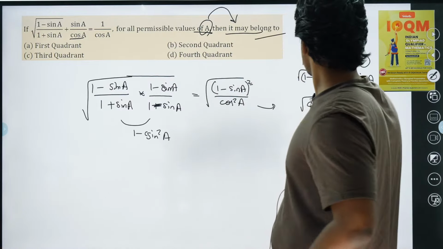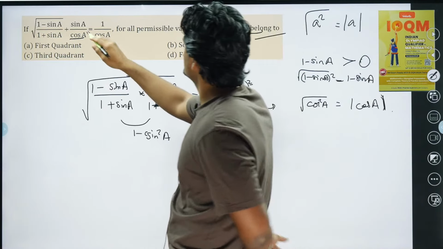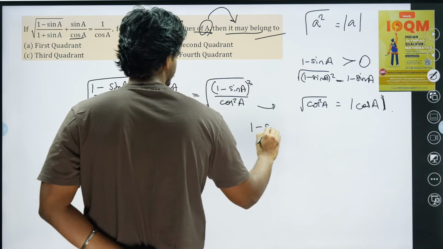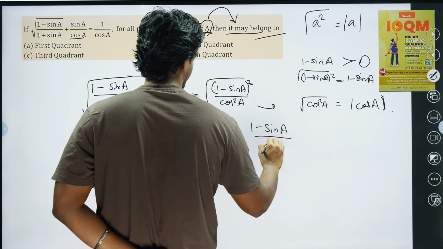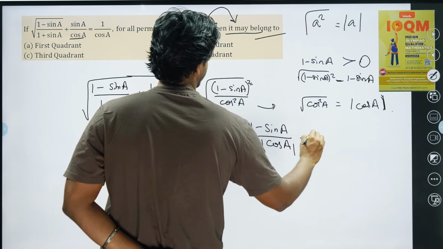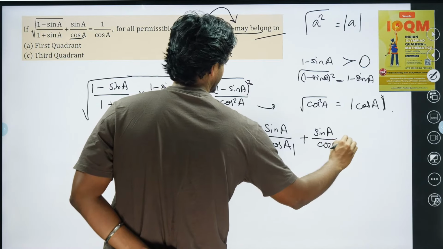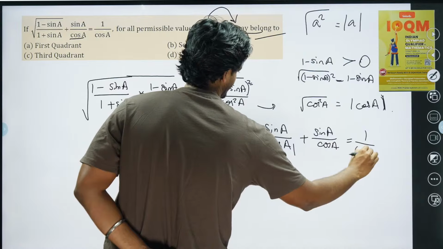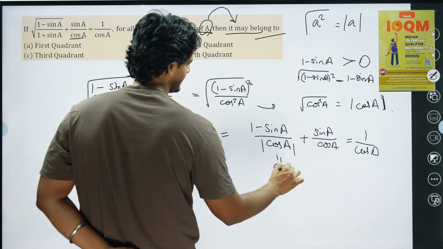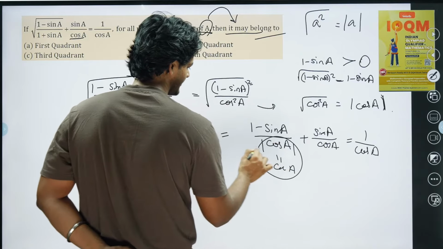So if that's the case, then just look at this. We want the sum to be this. So we have finally (1 minus sine A) by mod cos A plus sine A by cos A is equal to 1 by cos A. For this to happen, clearly if mod cos A is equal to cos A, we see that sine A gets cancelled. So when does this happen?